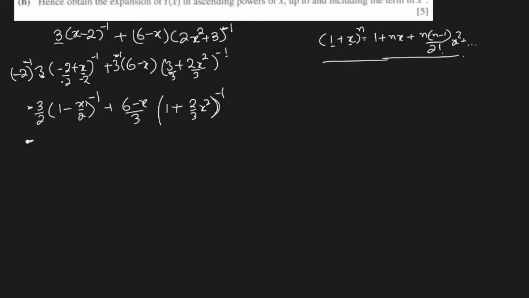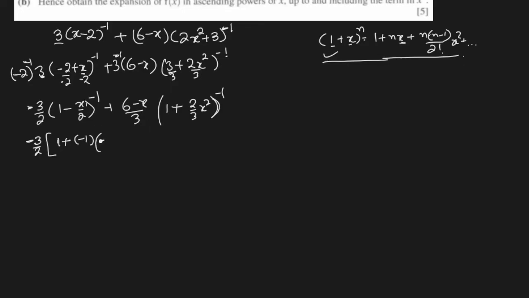So minus 3 over 2 remains minus 3 over 2, but we expand this according to the binomial expansion, which is 1 plus nx. 1 is 1, so 1 plus n. N is the exponent, which is minus 1 in this case. X is not x anymore because it has been replaced by negative x over 2.